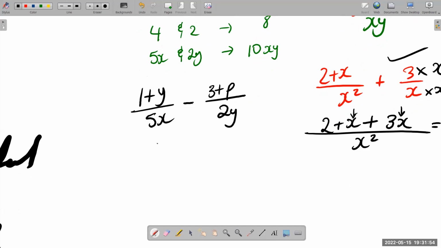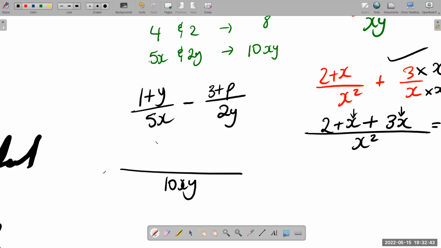Okay, y'all ready? All right. So 5x and 2y, the LCM is 10xy.